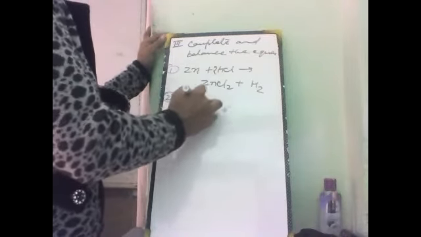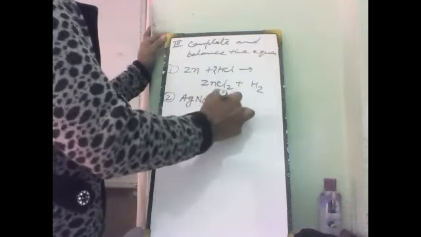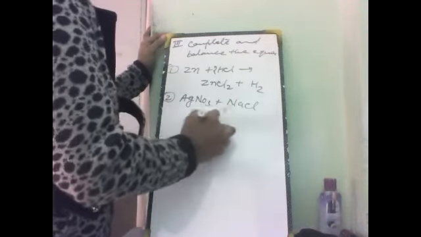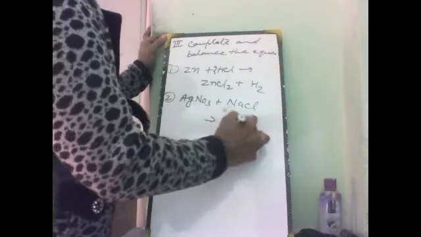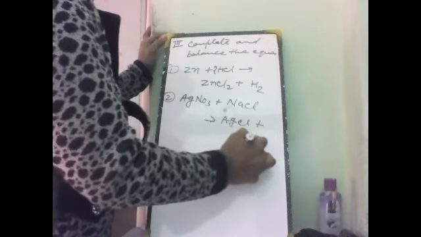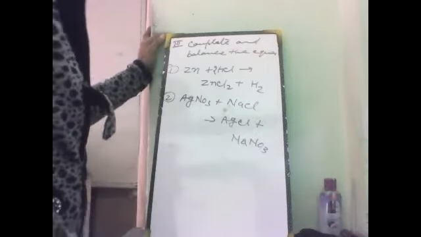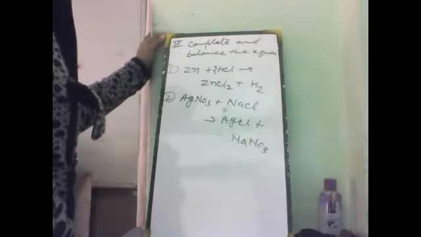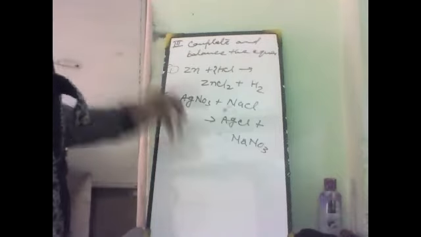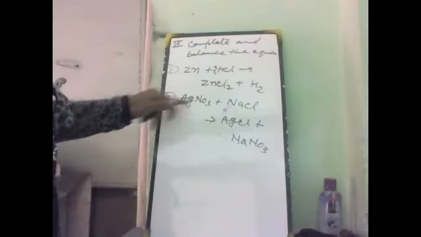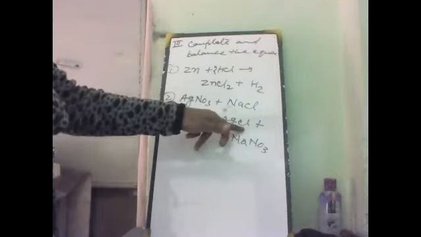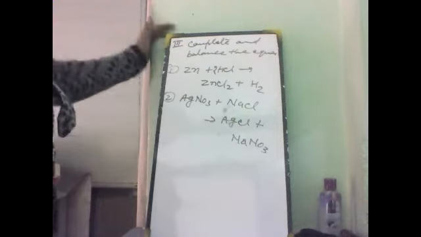Then AgNO3 and NaCl form AgCl and NaNO3. The number of silver is 1 and 1, the number of chlorine is 1 and 1. Everything is balanced.